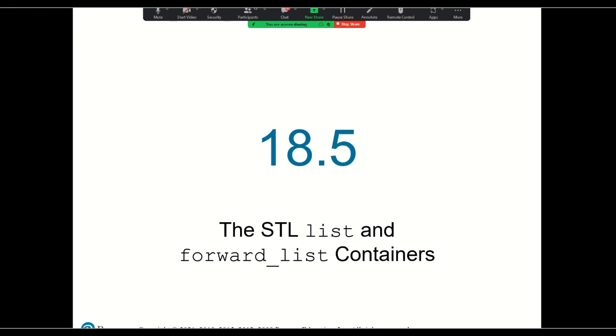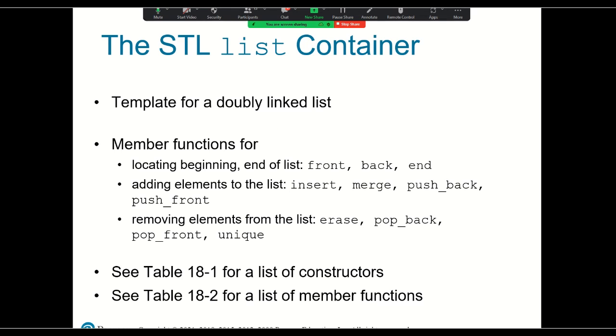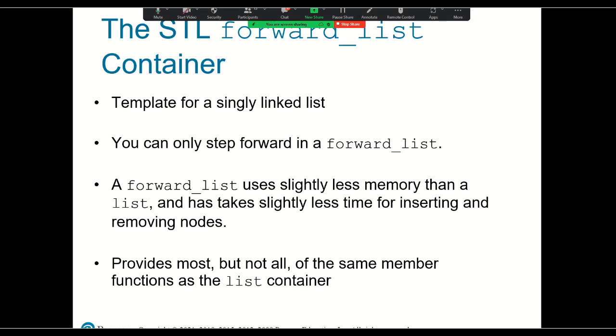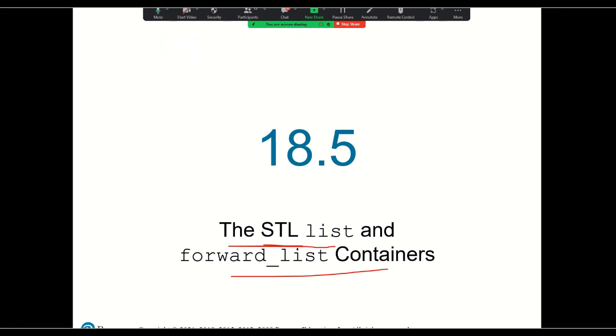The standard template list and forward list containers are standard containers. You can just go through the book and get some information about that. There is nothing to implement here. It is already implemented for you. You just have to use it.